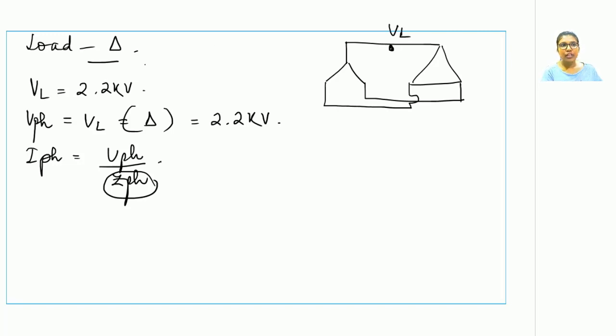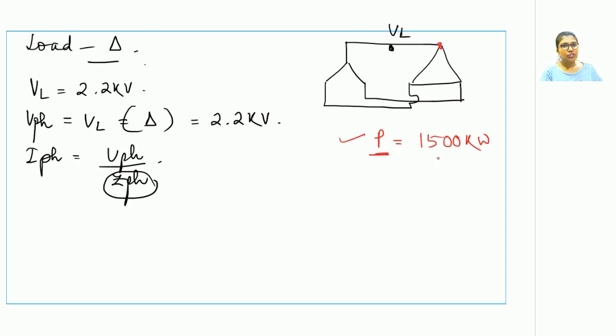However, we have been provided with a vital piece of information, that is, the source is delivering to the load a power of 1500 kilowatts. This power is actually delivered at the load end, and it is delivered by the source and it is coming towards the load. Now this is a very important point. This power is delivered by the source and it is coming to the load.